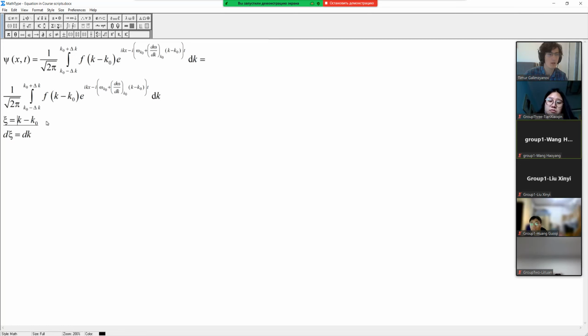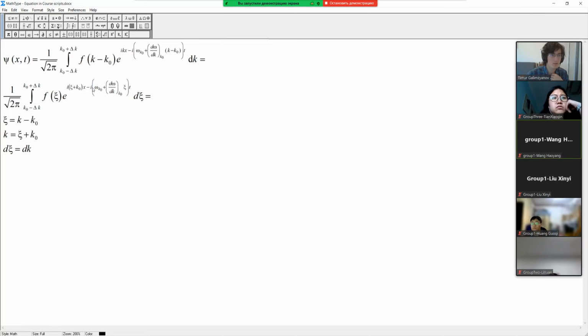So k minus k naught can be substituted by psi, and here is a k, and we can express k equals psi plus k naught, so we can substitute it in that way. And d psi equals dk.